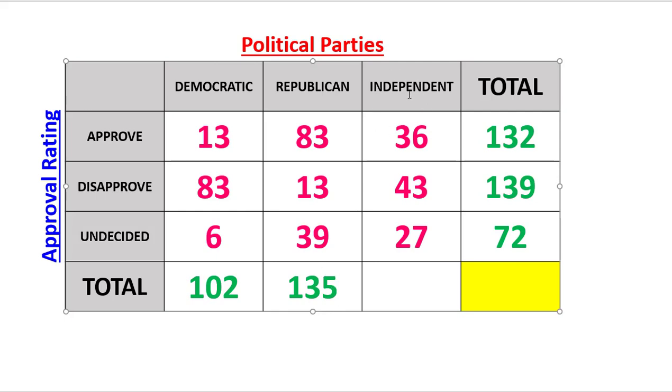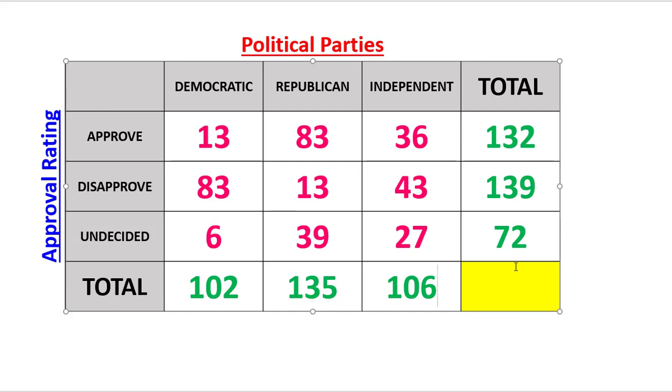Lastly, if I wanted to know the total amount of independent, I would add up every number in the column for independent. So I would add 36 plus 43 plus 27. So that would give you 106. Now this box here is a special box. This box gives you your grand total.